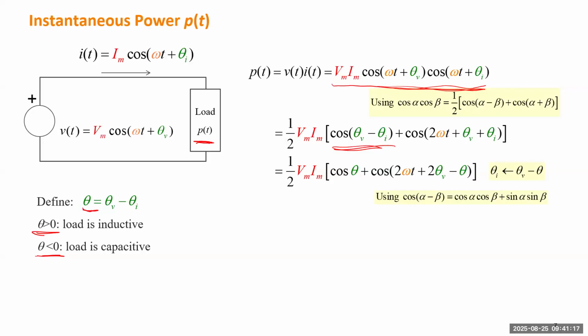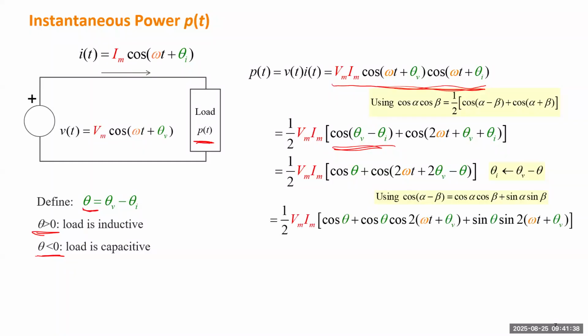Then we're going to use another trigonometric identity, about the cosine of the difference between two angles. It is equal to the summation of two items: first is the product of the cosine functions, and second is the product of the corresponding sine functions.